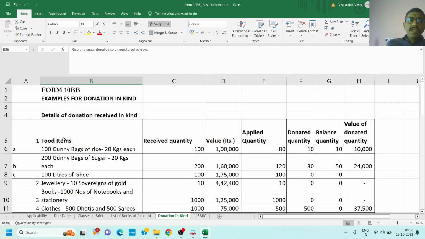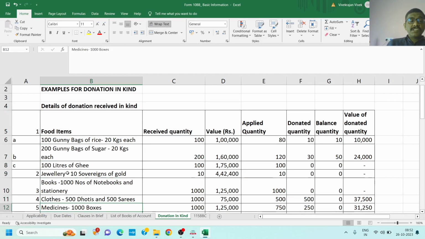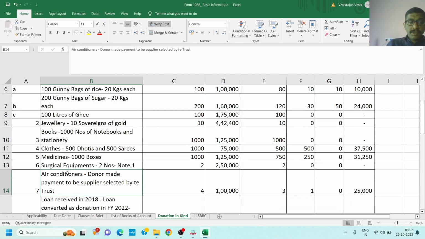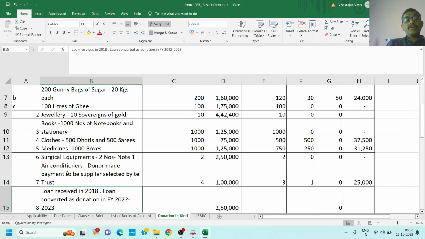For example, this trust has received 100 gunny bags of rice, 200 gunny bags of sugar, 100 liters of ghee, 10 sovereigns of gold, 1000 notebooks and stationery, clothes: 500 dhotis, 500 saris, medicines 1000 boxes, surgical equipments 2 numbers, refer note 1. It has received air conditioners where the donor has made payment to the supplier selected by the trust.